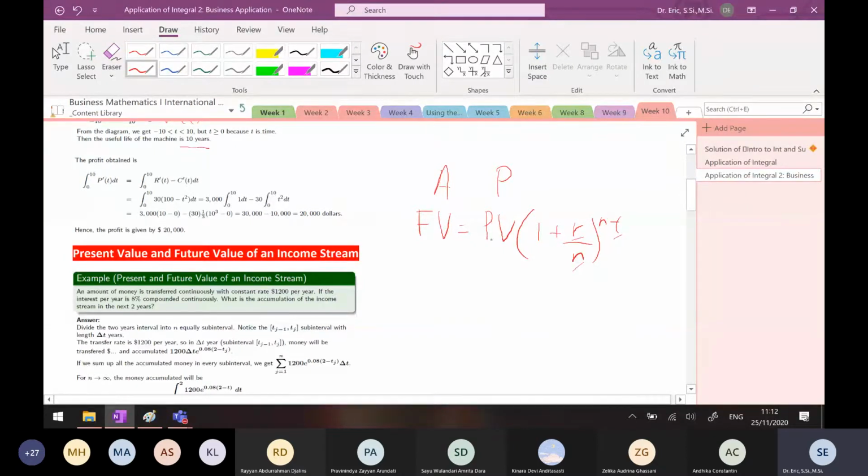This is the formula for present value and future value of savings that has compound interest.